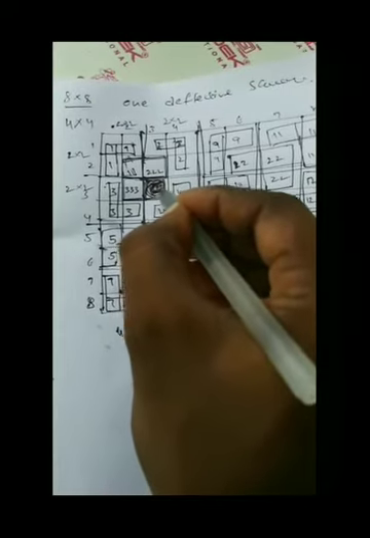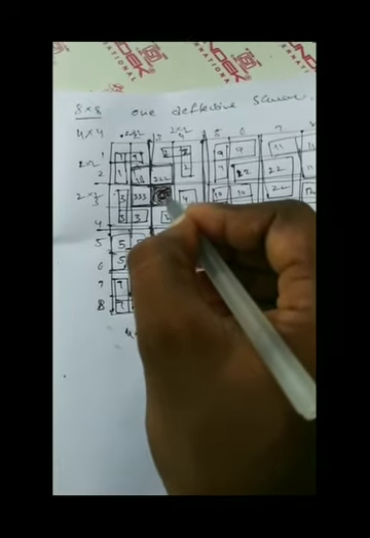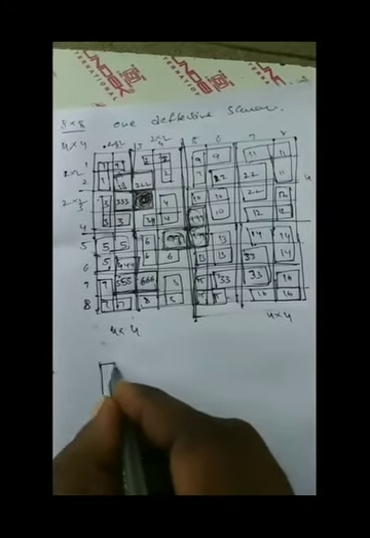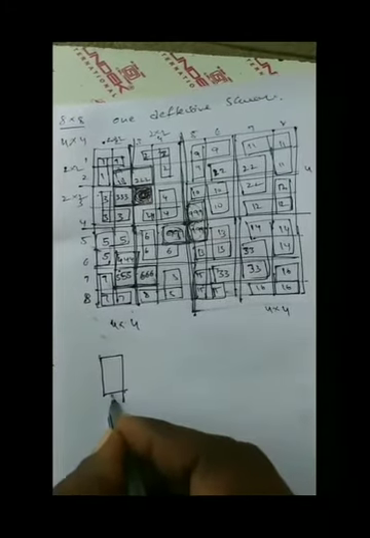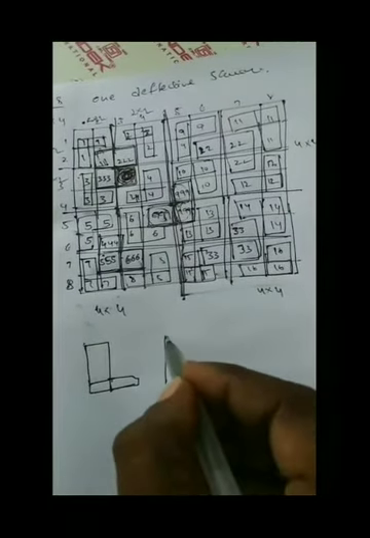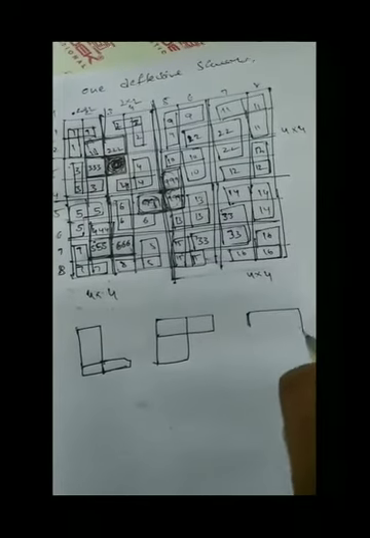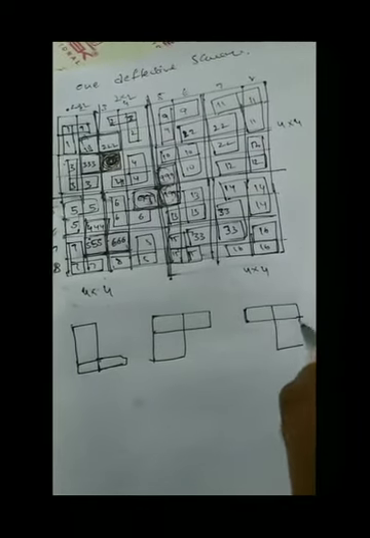Our actual defected square is presented here, and L-shaped triominoes are used here representing the undefected squares.